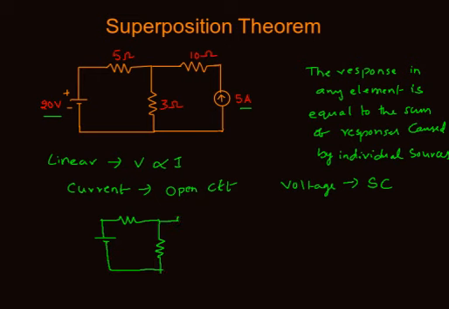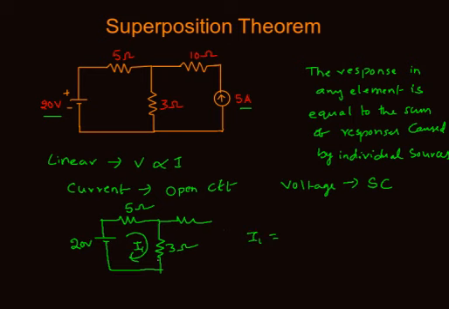Since it is open circuit, there is no worry about this loop. Here it is 5 ohms, this is 20 volts, and this is the 3 ohm resistor. Suppose we take a loop current I1. What is I1?